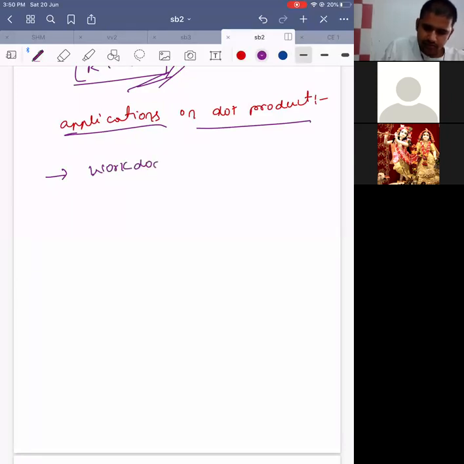Find work done. The work done formula is W is equal to F bar dot S bar. I should write delta R bar, it will be more appropriate.